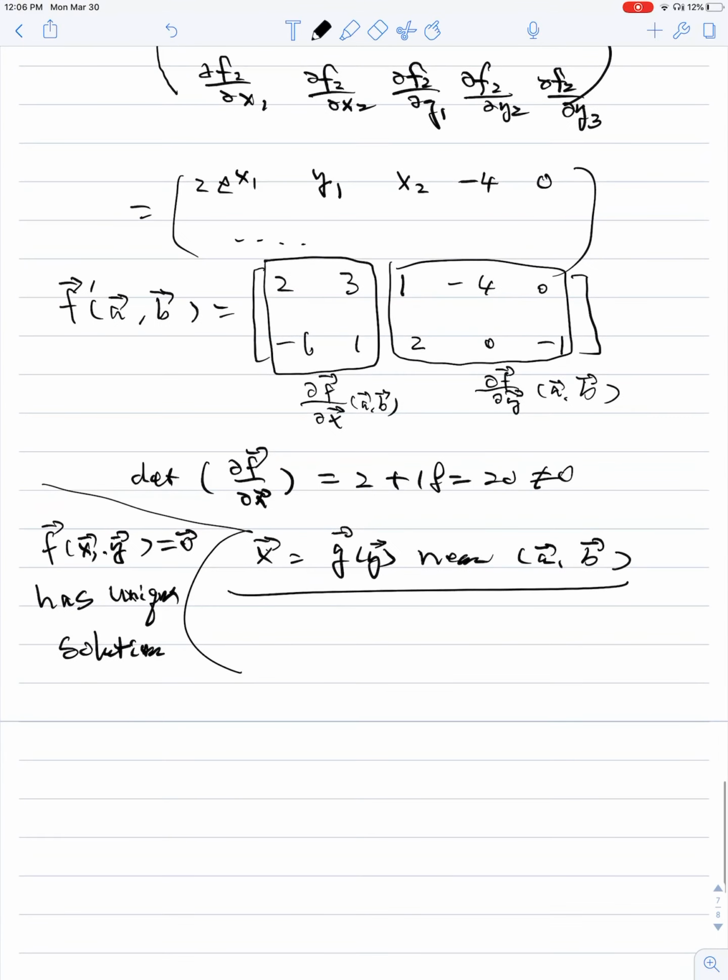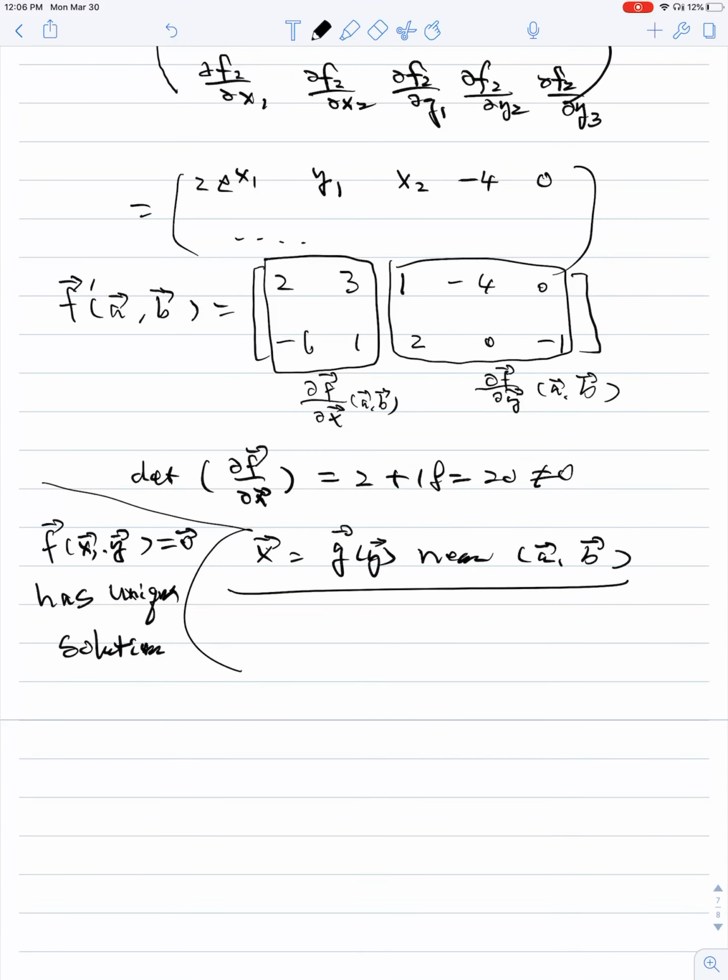Now the total derivative of this function at the point B is given by negative of df/dx at AB, the inverse, times df/dy at AB.